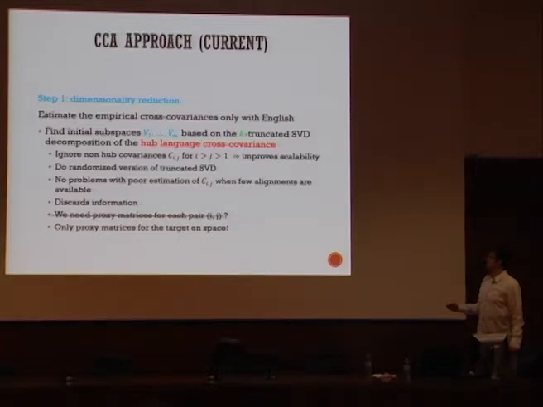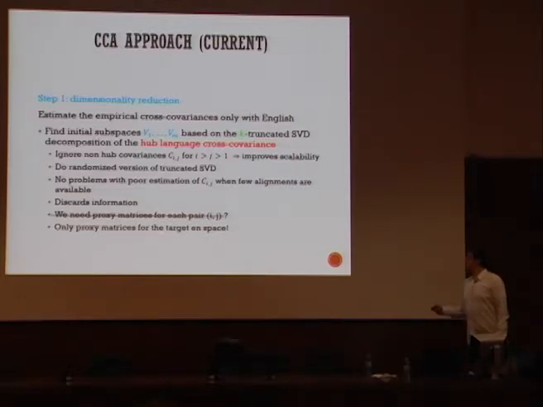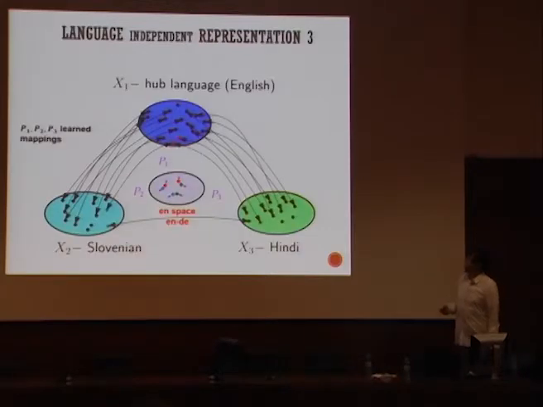At the end, we have no problems with these poor estimations for language pairs. It's true we discard some information, but that means we discard information that is usually noise. So this works well. And now we only need this one proxy matrix for each target space. So this is the summary of everything. Now we really have the common space and everything is language independent in this space.